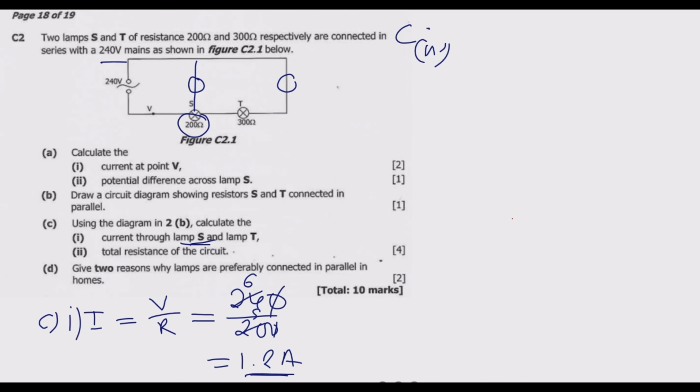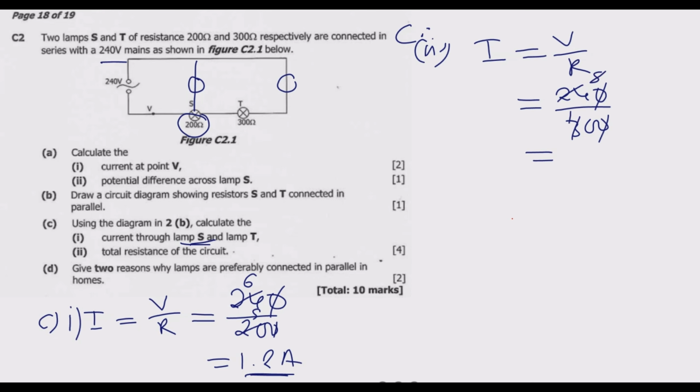So this is C2. Then we'll do similarly, current is equal to voltage over resistor. So in this case we have 240, but potential difference is the same, divide by 300 ohms. Then we have 3 into 24 is basically 8.